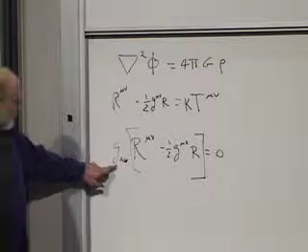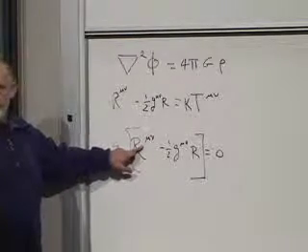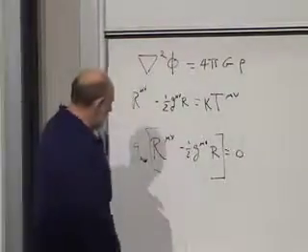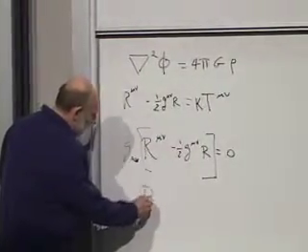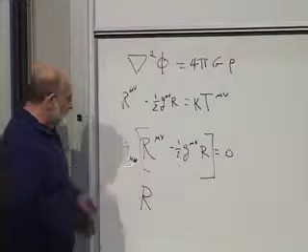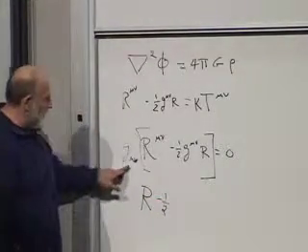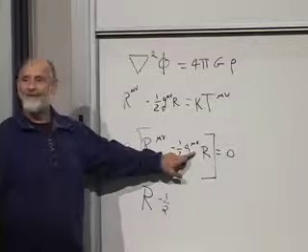What is the contraction of g mu nu with R mu nu? R, just the scalar R. So what this is then is R minus 1/2.